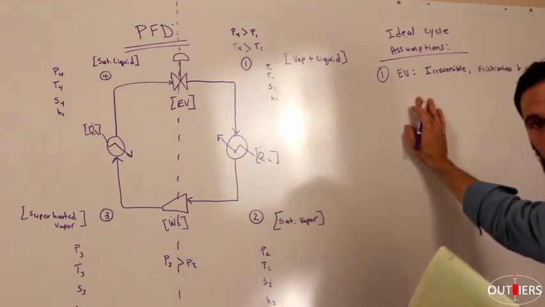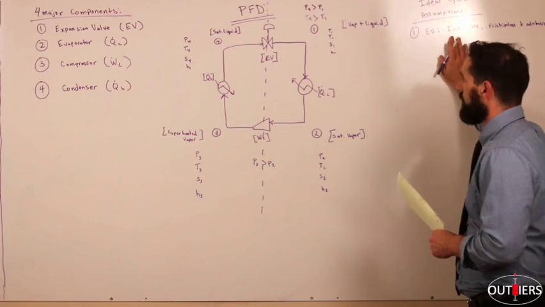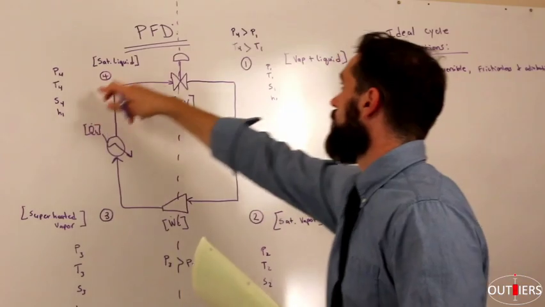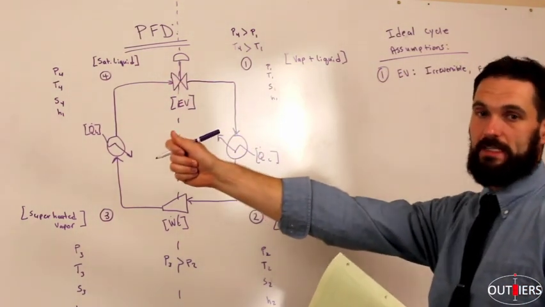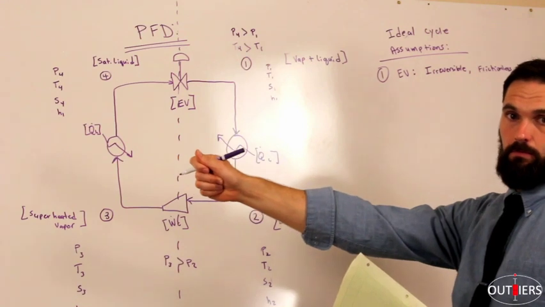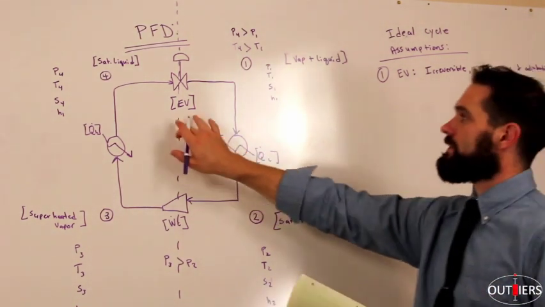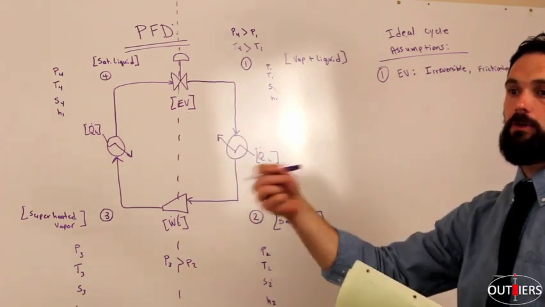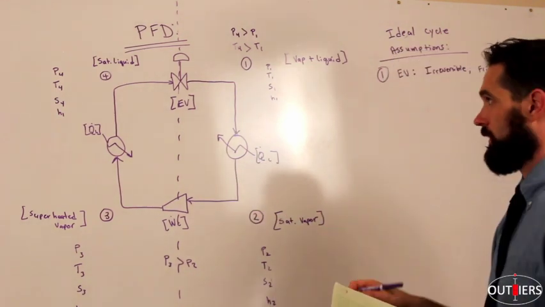Now, from classical thermodynamics, you should have an understanding of what irreversibility is, but let's just talk about it at a high level. Remember, we're going from pressure 4 to pressure 1 in a finite step. Based on classical thermodynamics, that makes this an irreversible process, because reversible processes change by infinitesimally small amounts.